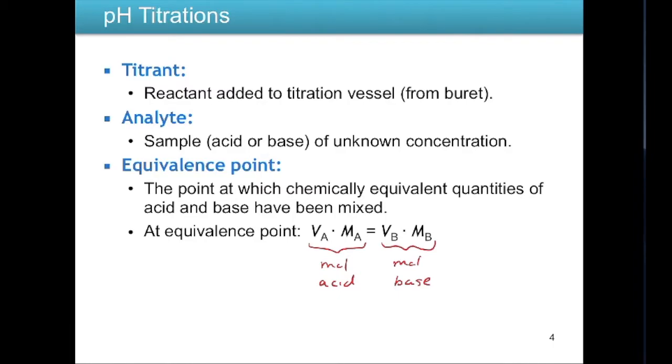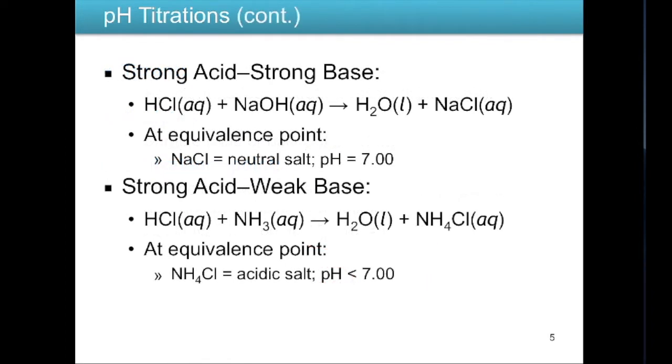So at the equivalence point, the moles of acid that are in the flask, the moles of analyte, are going to be the same as the moles of base that have been added, or the moles of the titrant that have been added. Let's just do a quick review of titrations. Strong acid, strong base titrations, for example, HCl and NaOH, produce water and salt.